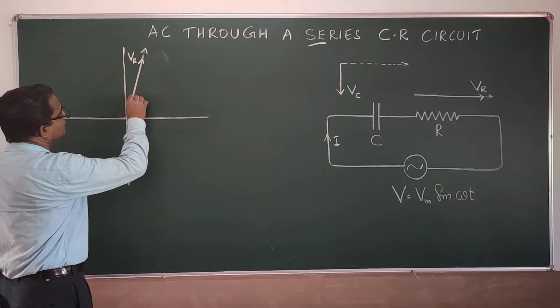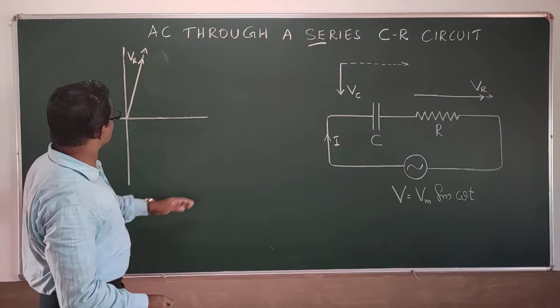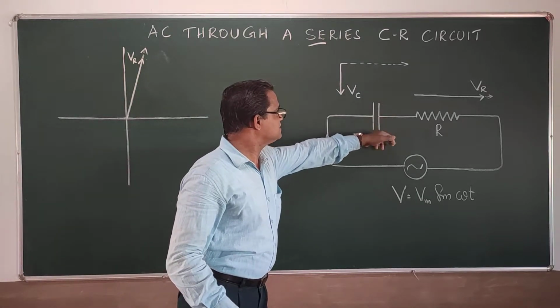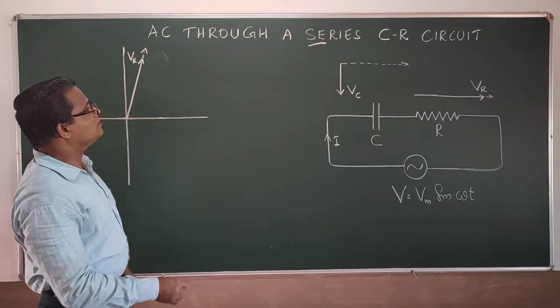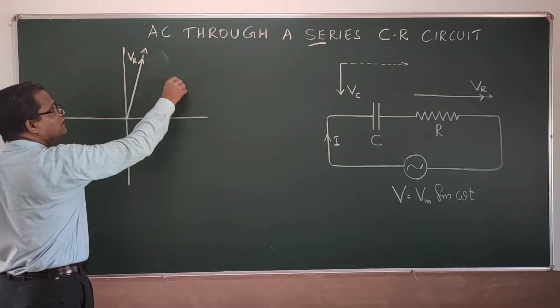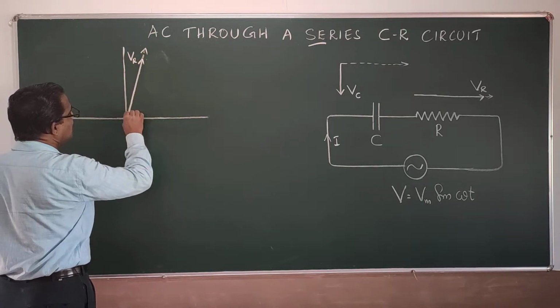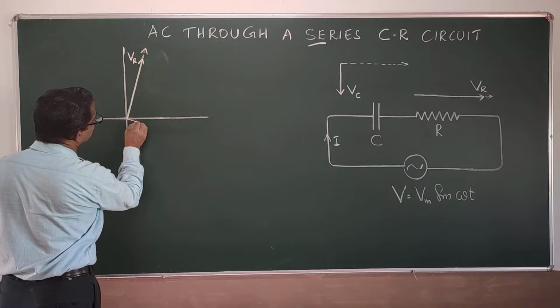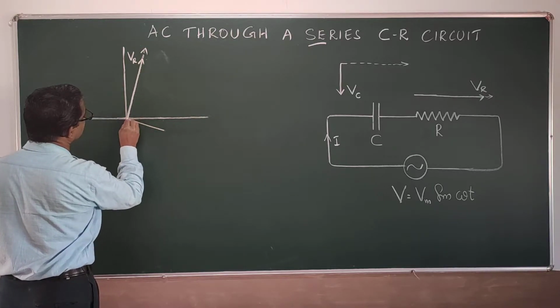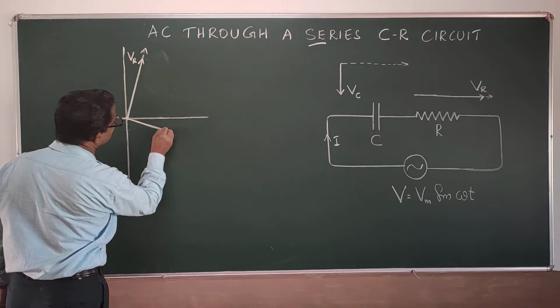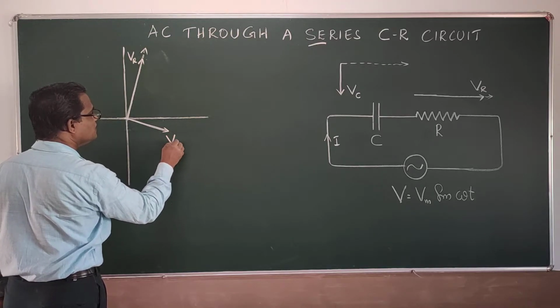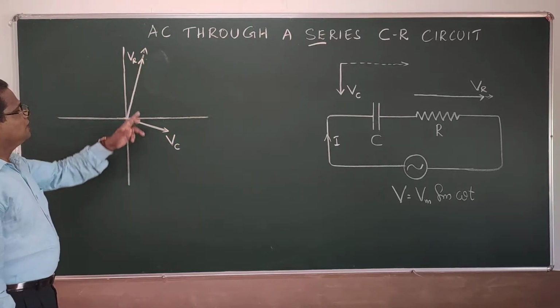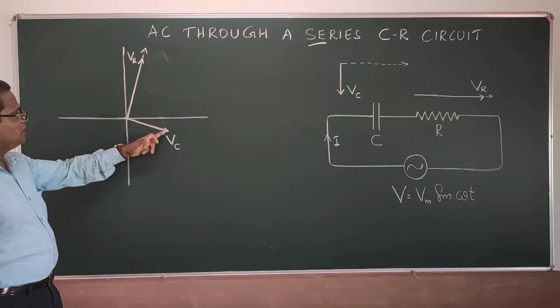Then the peak value of voltage across the capacitor will be lagging behind the current by pi by 2, lagging behind clockwise, pi by 2. So the voltage across the capacitor will be coming like this, Vc, lagging behind the current by pi by 2.